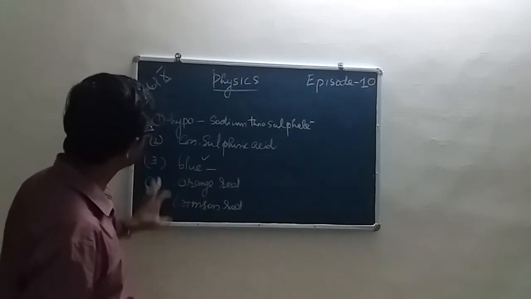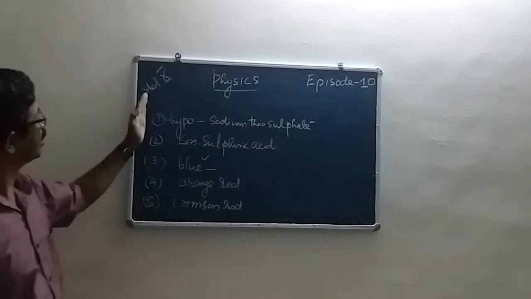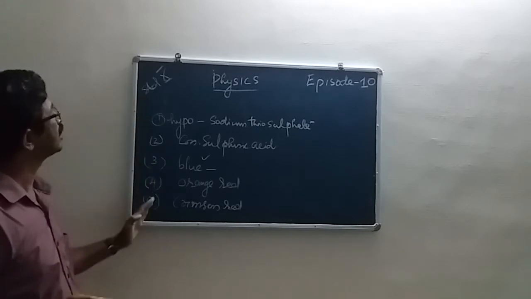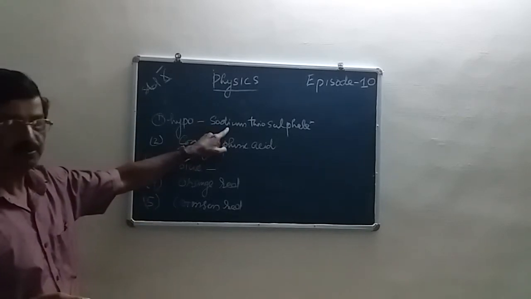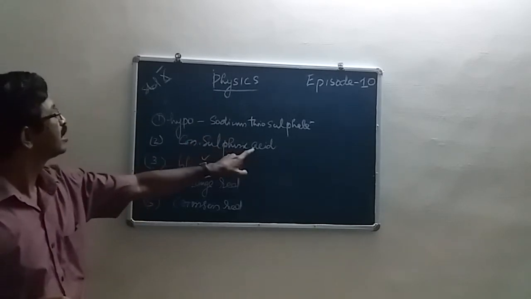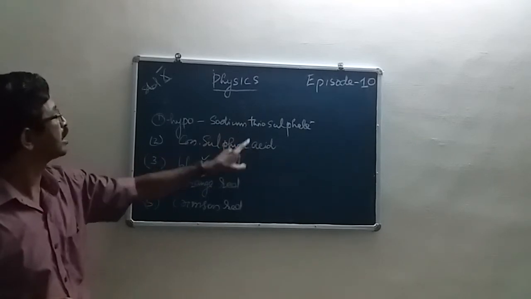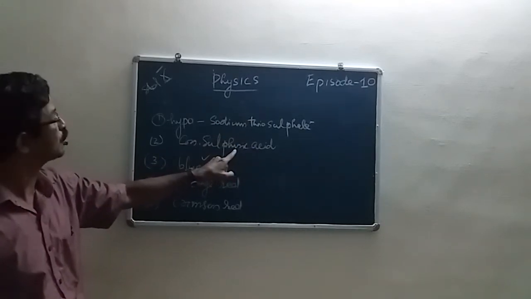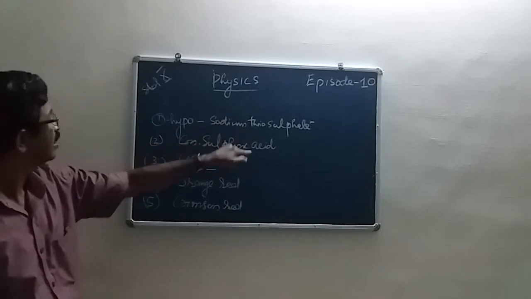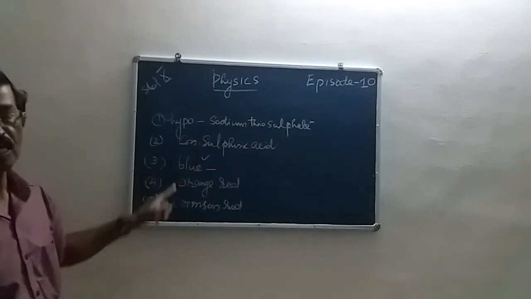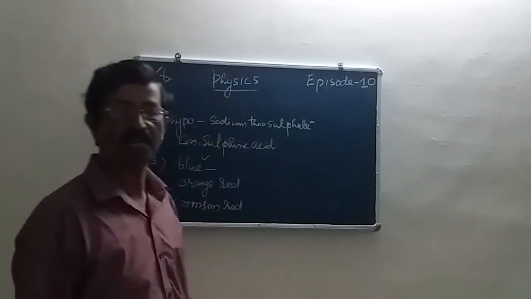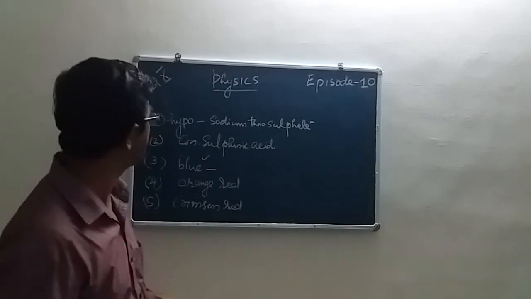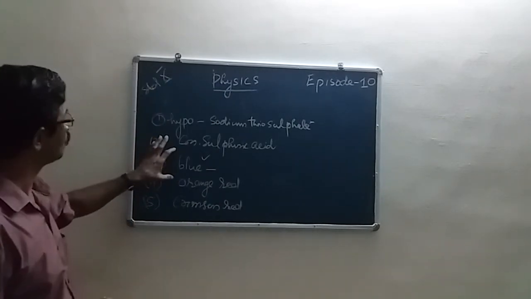That is why you can point out these chemicals used. Sodium thiosulfate and concentrated sulfuric acid, you should remember these two names. Then the color you can observe from the three sides of the tank is blue.